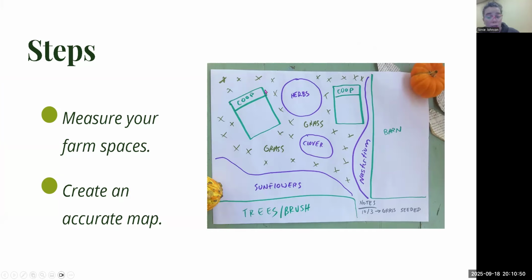It looks to be fairly accurate based on the dwellings, but the coop could have a 20 by 30 measurement, and your barn could have a 50 by 50 measurement, if that's what it measures out to be. For the grass, herbs, clover, sunflowers, nasturtiums, trees, and bushes, when you're raising chickens or cows, you maybe don't have to measure super precisely, but it's nice to know that that's what's there.